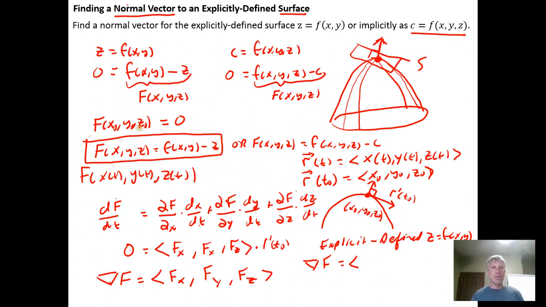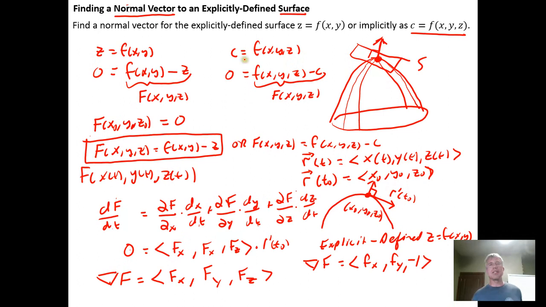So the derivative of big F with respect to x is just going to be the derivative of little f with respect to x. The derivative of big F with respect to y is just going to be the derivative of little f with respect to y. And the derivative of big F with respect to z is just going to be the derivative of minus z with respect to z, which is just -1.